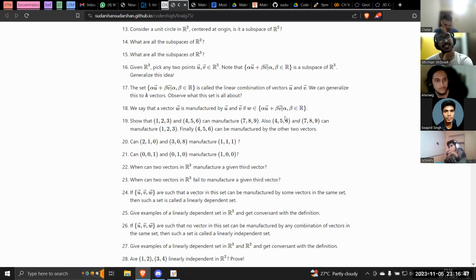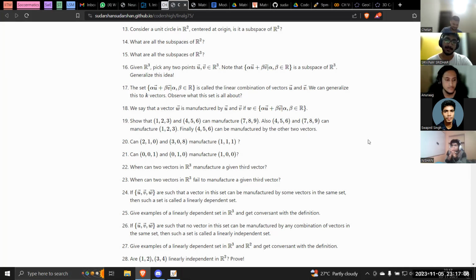This can also be related to the similar sense in R2, right? When I take two vectors in R2, and those two vectors do not happen to be a scalar multiple of each other, what does that mean?